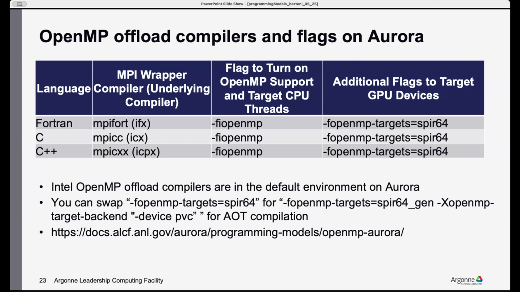If you want to do the opposite and get binary at compile time, you can use AOT compilation. So it's just a little bit of a longer OpenMP offload target flag: instead of spir64, spir64_gen, and then you specify what backend, which is PVC in our case. And that's also discussed on the documentation page.